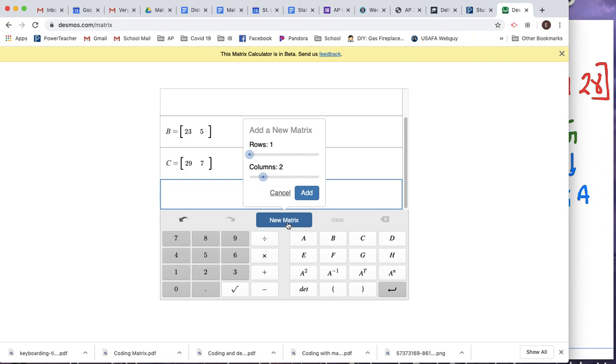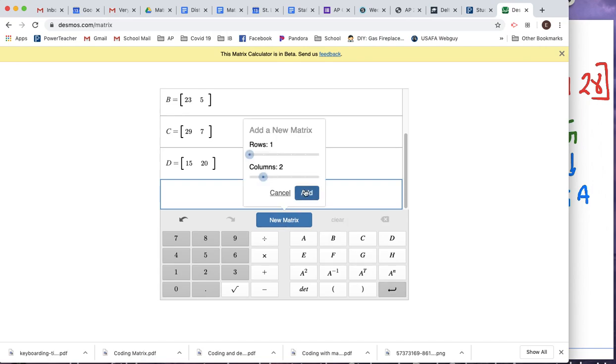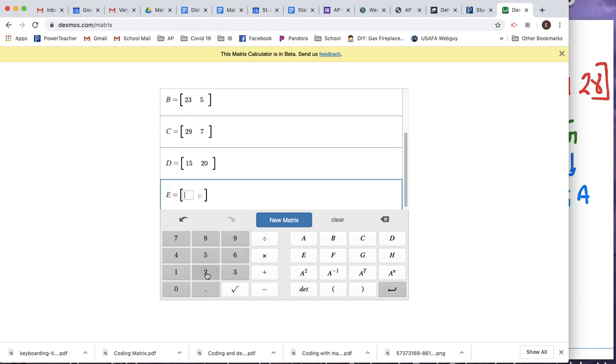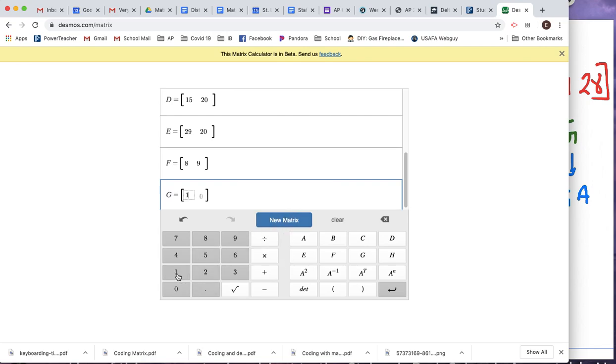The next matrix, matrix D, is going to be 15 and 20. New matrix, matrix E, was 29 and 20. Matrix F was 8 and 9. And matrix G was 19 and 28. So now I have all these matrices in here.